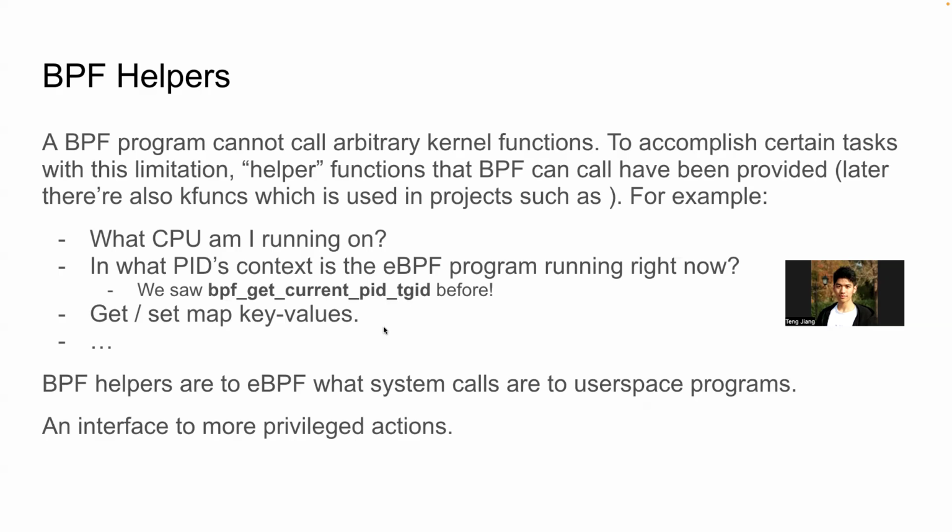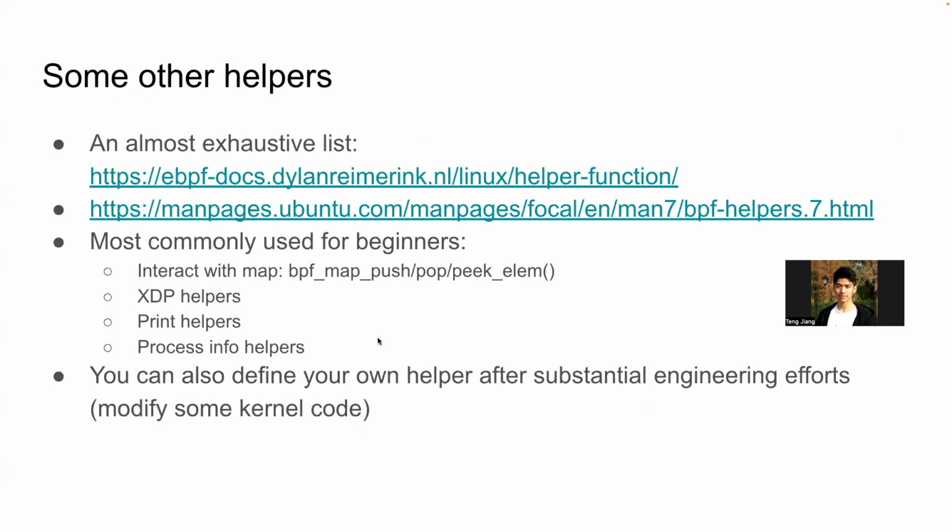You can use it to get the PID, and also to interact with the maps. You can think of BPF helpers as the system call from an eBPF program, like the bpf system call is to a user space program. If that makes more sense to you. Other helpers are also there.